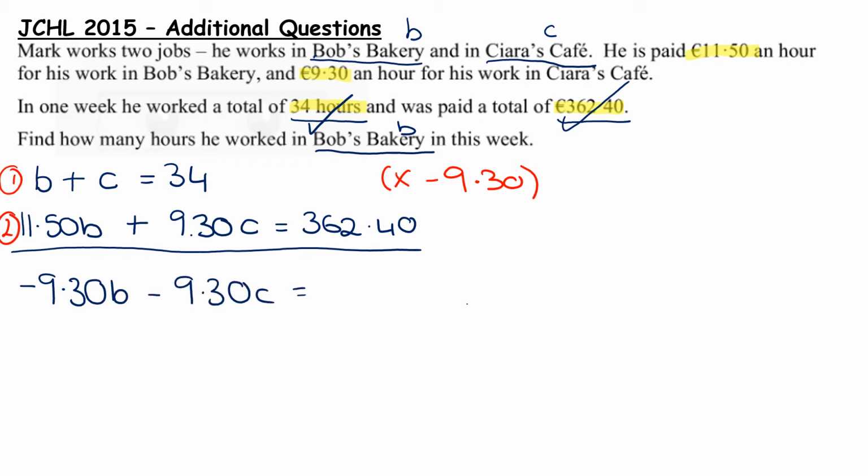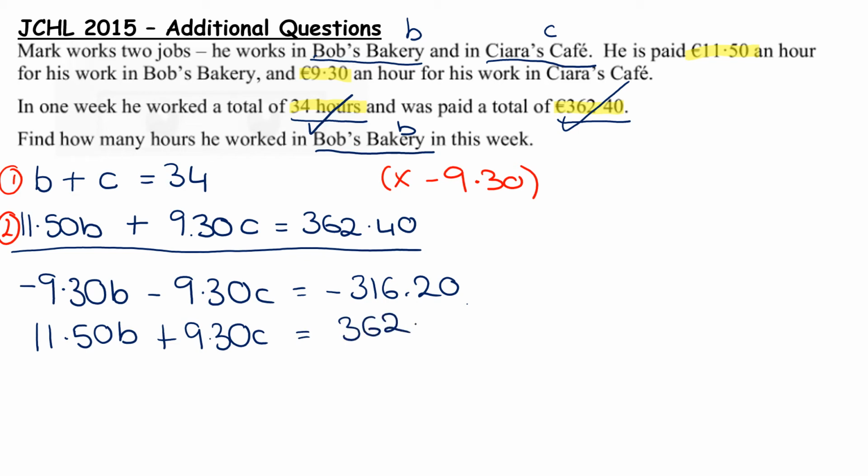minus 930c equals, and then we have 34 by 930, which gives us minus 31620. Nothing has happened to equation 2, so we've 1150b plus 930c equals 362.40.